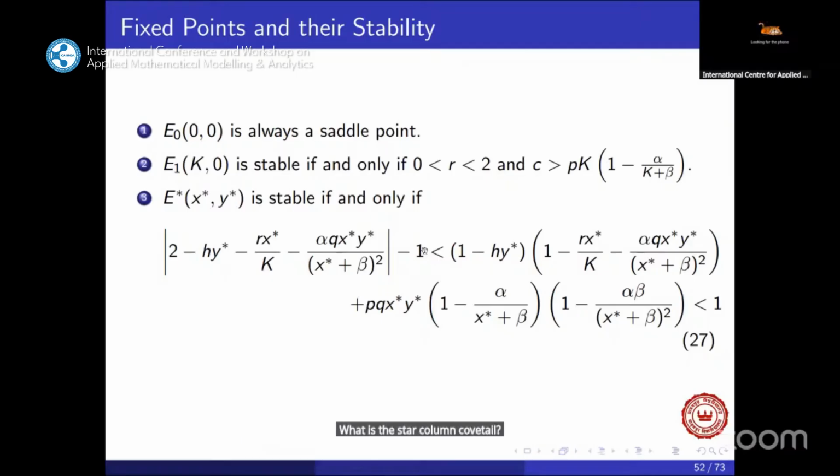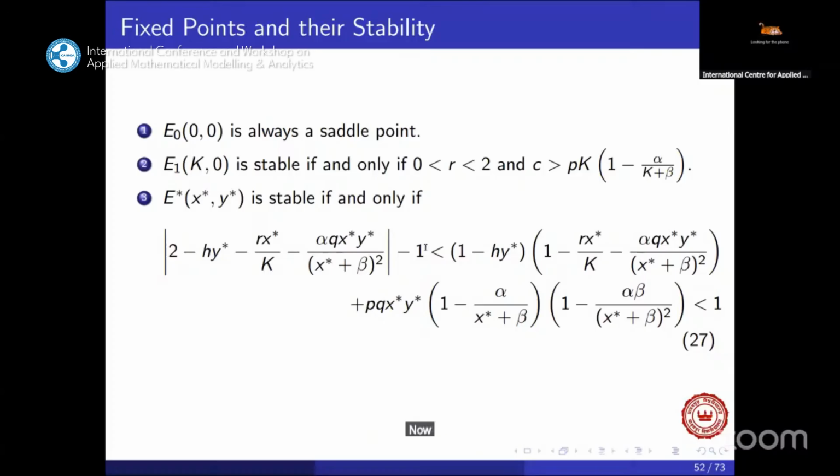If the system is stable at that equilibrium point, then mod of the trace of the Jacobian minus 1 is less than the determinant of the Jacobian, which is less than 1, then the system is stable. That's why I have written the first term, mod value, trace minus 1 less than the determinant of the Jacobian at the point (x star, y star), which is less than 1.